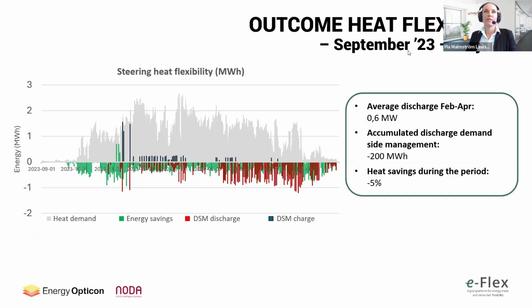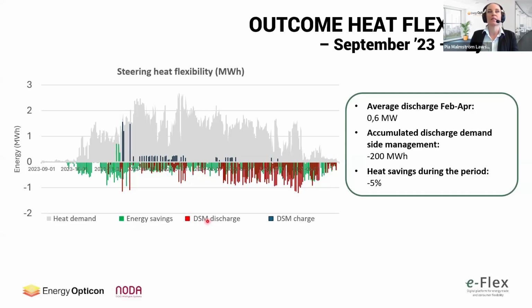And here is an outcome of the heat flexibility in some buildings in Eslöv, close to Lund. When they started and connected these systems, Energy Opticons and Noda system, you could see here that they were a little bit careful in the beginning.